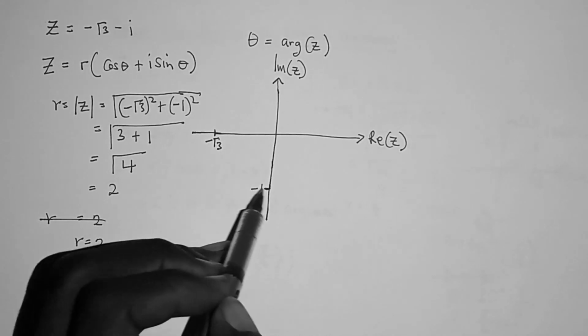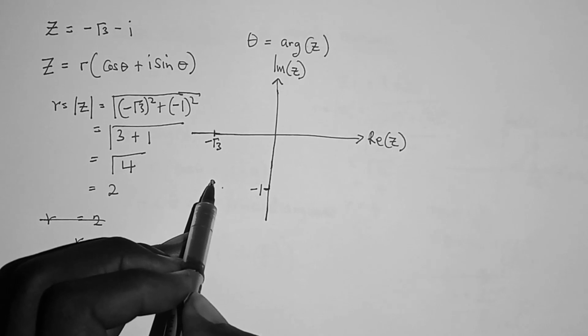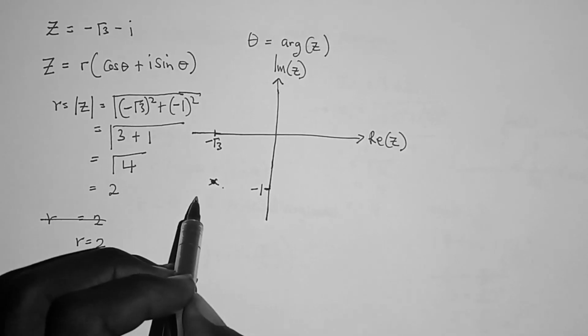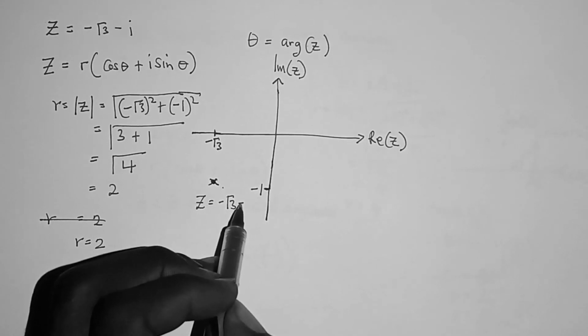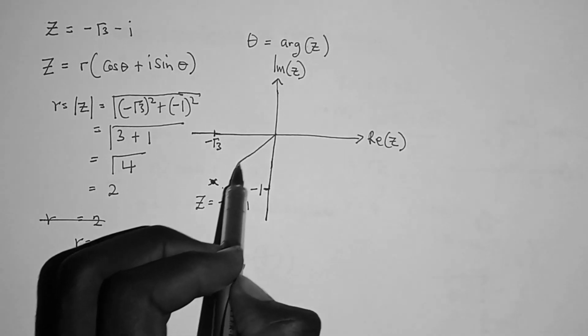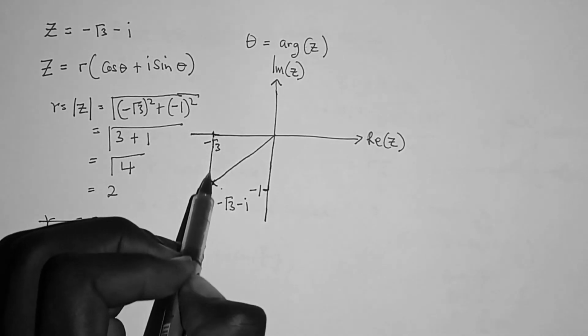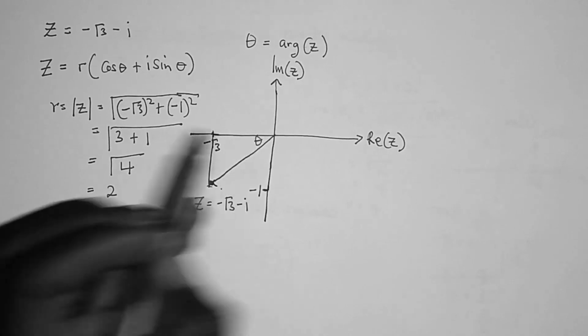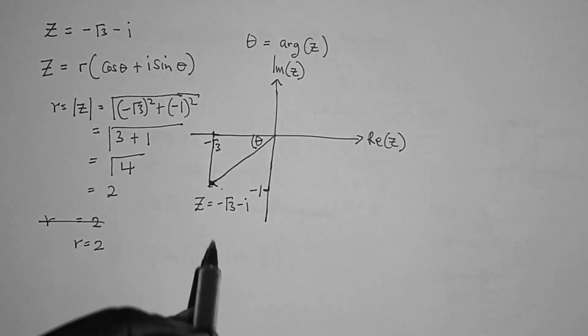So minus root 3 minus i is going to fall somewhere here. So this is the point z equals minus root 3 minus i. We need to draw a line. You can see that it makes this angle, which is theta, with reference to the real axis. So we can find the angle theta.